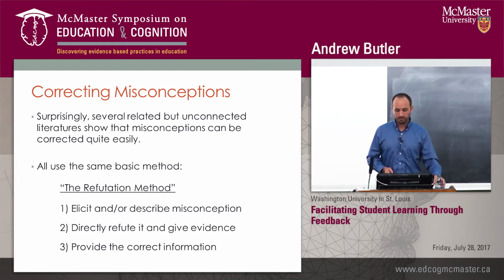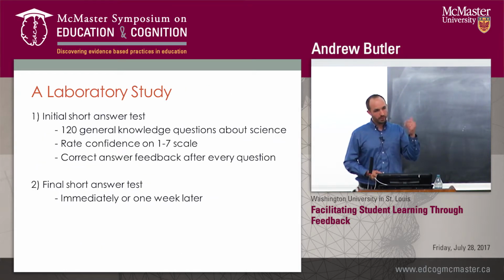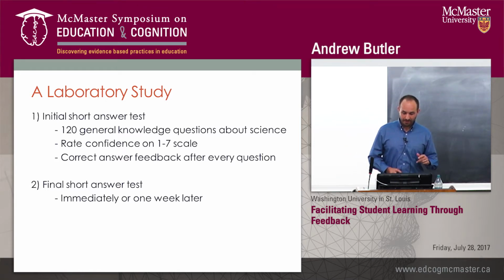Here's an example of a laboratory study that does this with more individual belief level misconceptions. What we did was we had people come in. We have them take a short answer test, right? So they get a bunch of general knowledge questions about science. These are things like, what's stored in a camel's hump? Water? No, it's fat.